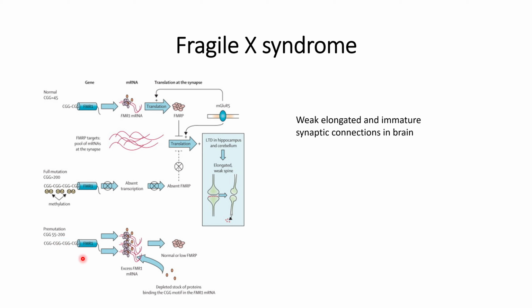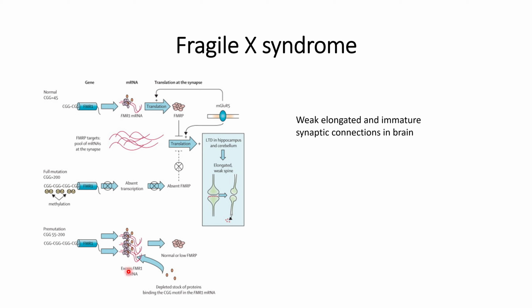Because of this, the repeats are not in a condition to get methylated, and thus during the transcription of FMR1, it will lead to an excess amount of FMR1 mRNA production because the repeats are high.